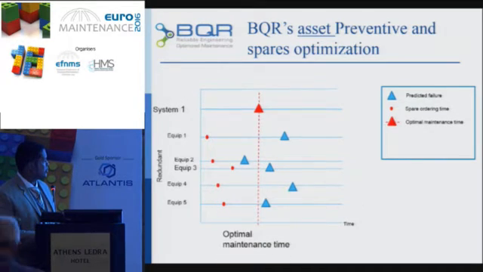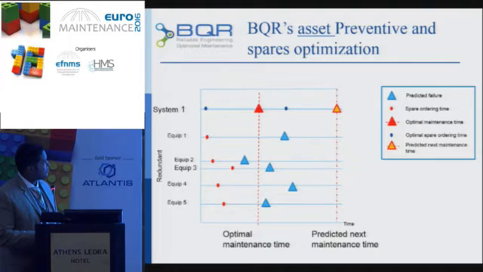What you try to do is optimize your maintenance time, and define the best time to put together different preventive maintenance in order to minimize your life cycle cost or maximize your operation availability. And also define what's the best time to order different levels of assets. And then you move forward into the future in order to predict.